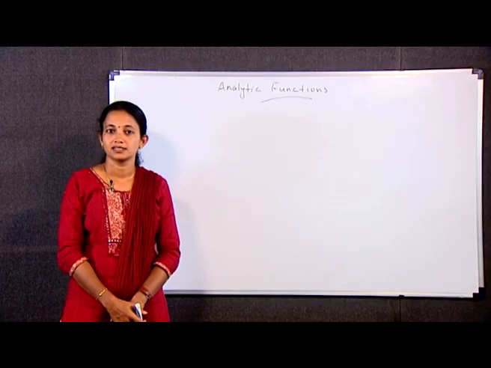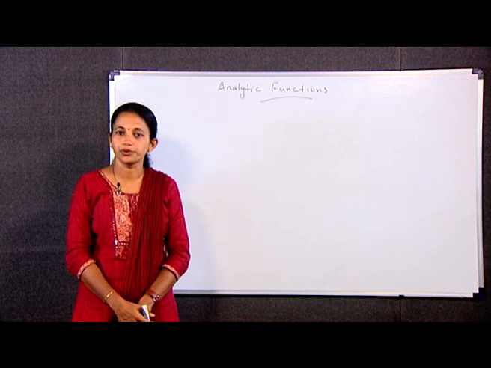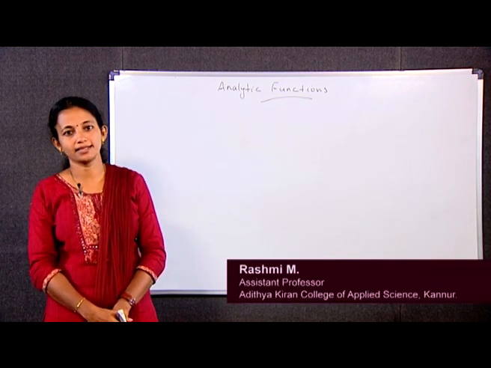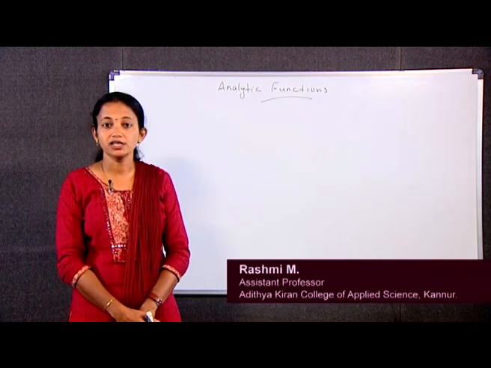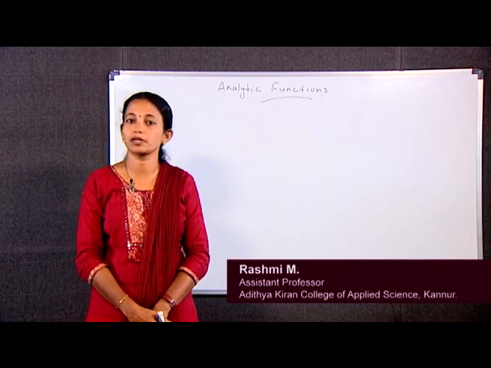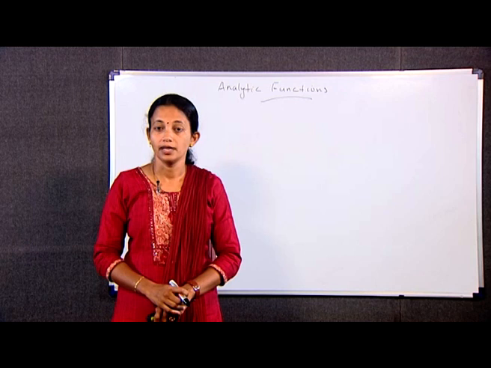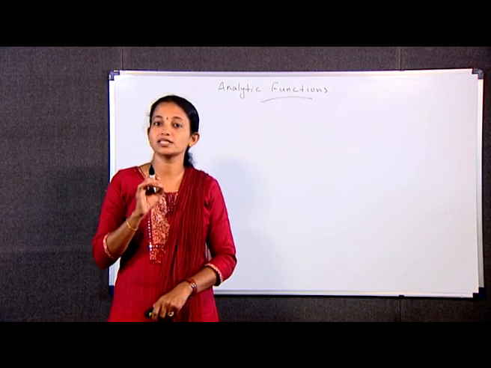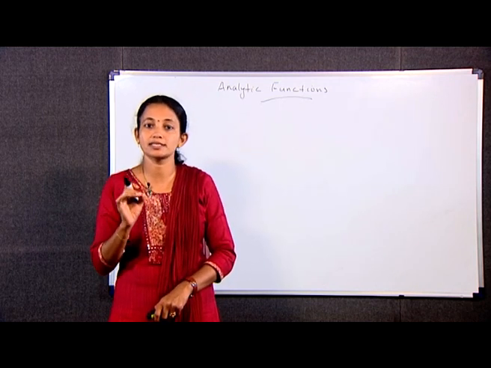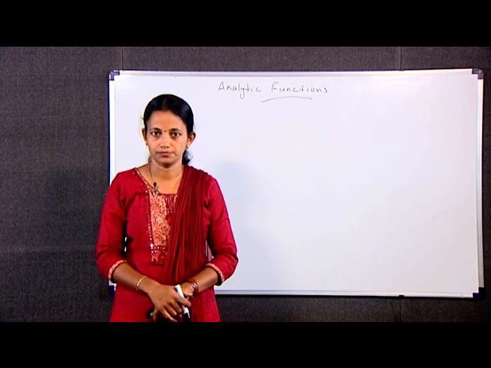Hi friends, now we are going to introduce the concept of an analytic function. A function f of the complex variable z is analytic at a point z0 if it has a derivative at each point in some neighborhood of z0.